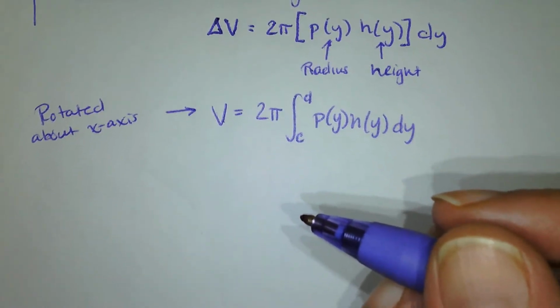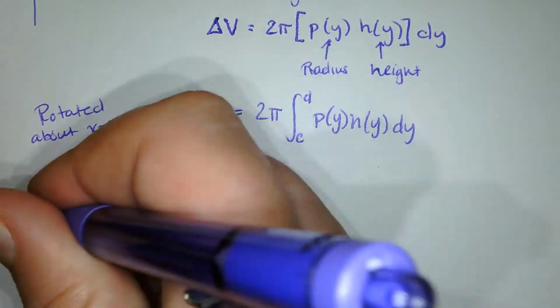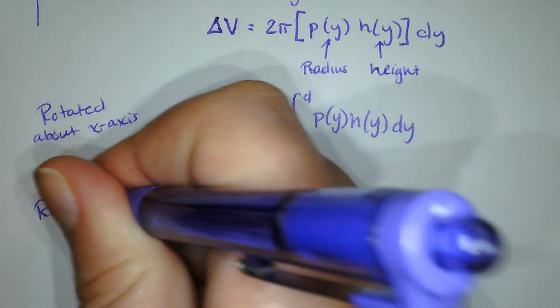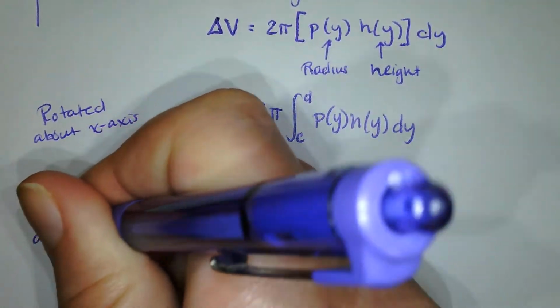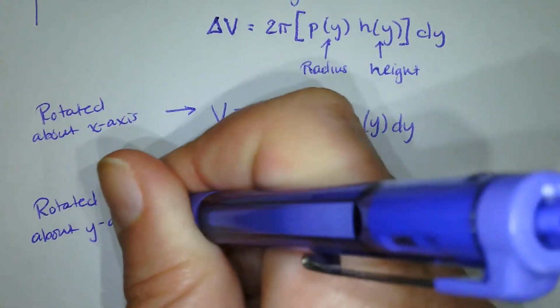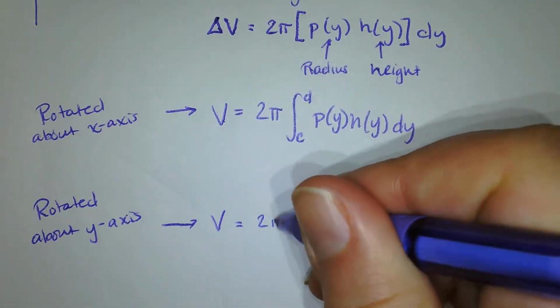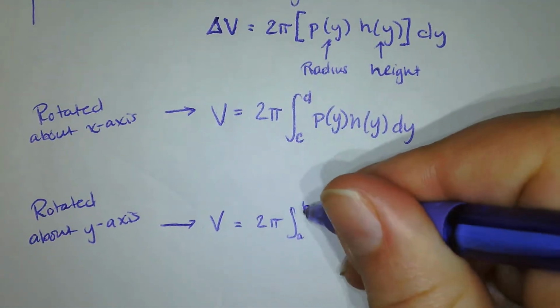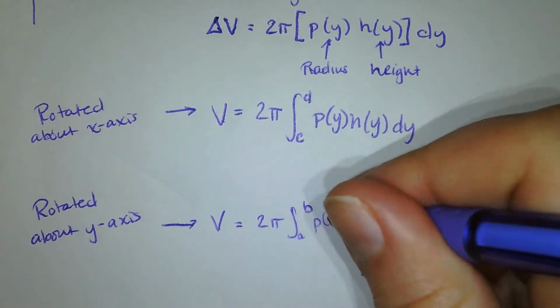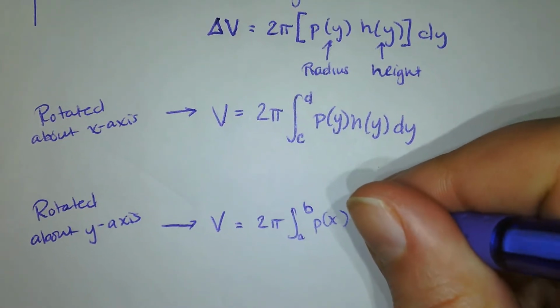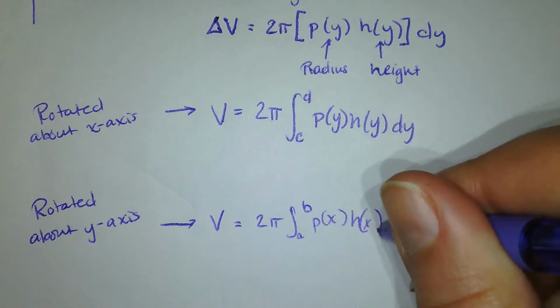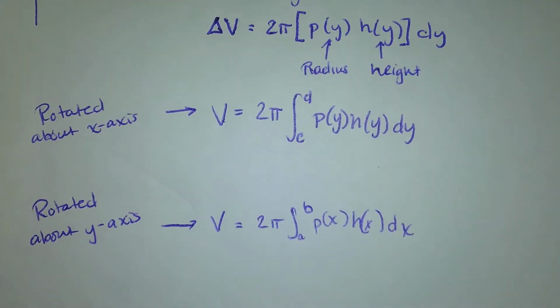And if we rotate it about the y-axis, it's 2 pi integral from A to B of P of x, H of x, dx.